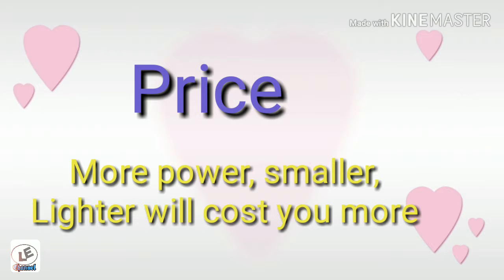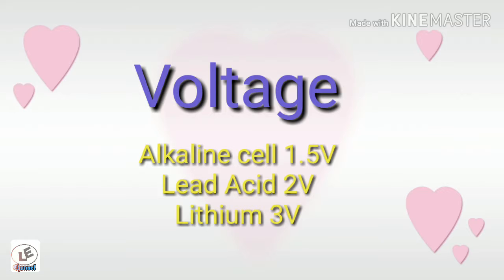And coming to price, if you want more power and a smaller and lighter battery, it will cost you more. The voltage of the basic battery cell is decided by the chemical reaction inside. Alkaline cells have 1.5 volts basic, lead acid 2 volts, lithium 3 volts. So if you want to get 6 volt, 12 volt and so on, you need to tie them together.